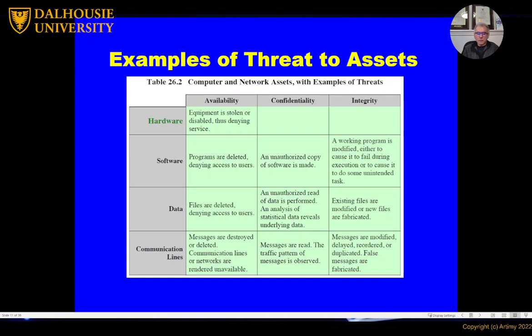You can threaten the availability of the hardware by stealing it or breaking it. Right? You can threaten the availability of the data by deleting databases or files.